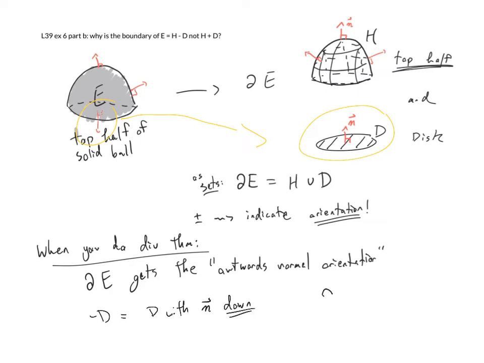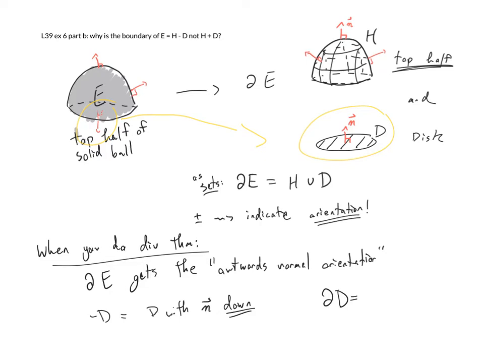And then the boundary, if you want to keep track of the orientations, because my notation for H includes this, I should circle things. When I write H, I mean H plus this choice of n. When I write D, I mean D plus this choice of n.